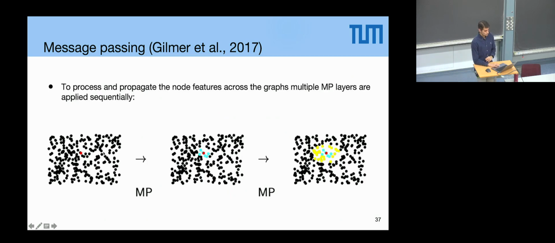Okay. So now that we have this message passing layer, we can apply them sequentially. When we apply them sequentially, we are increasing the depth of the network, we are increasing the level of abstraction, and we are also increasing the receptive field. So after one message passing step, this red node can see what's happening in its immediate neighbors.